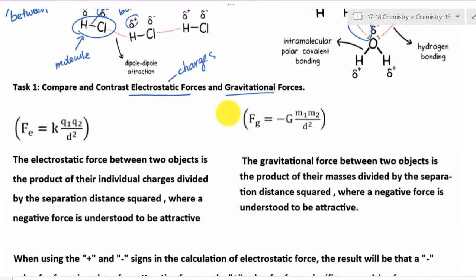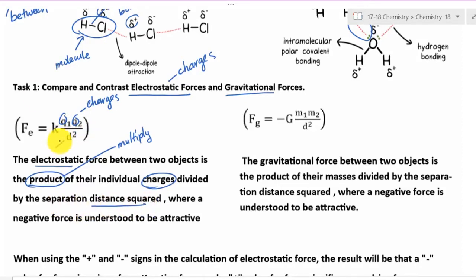So let's compare these two forces, okay? First of all, we know that electrostatic force, think of electricity, we talk about charges, is happening between two charges. Those are charges, positive and negative. And the word product here refers to multiplying. We can see that Q1 multiplied by Q2 is divided by the separation distance squared.